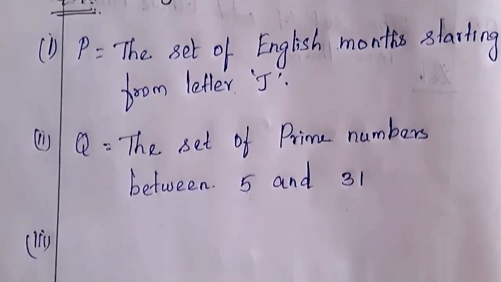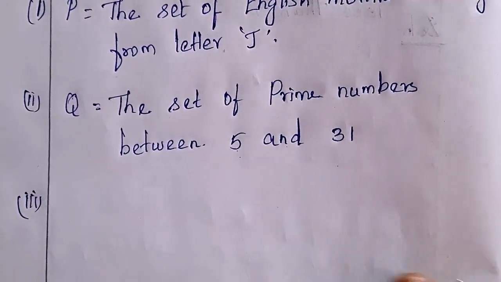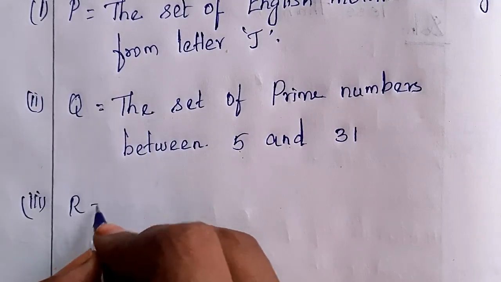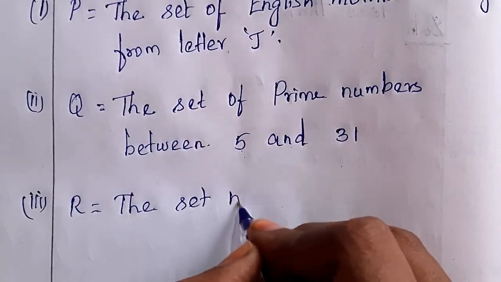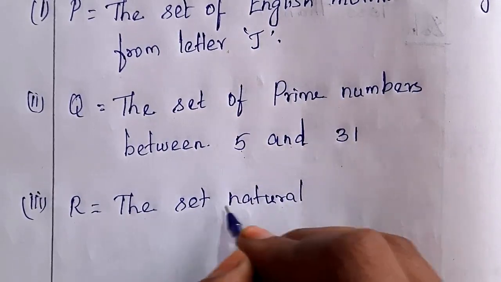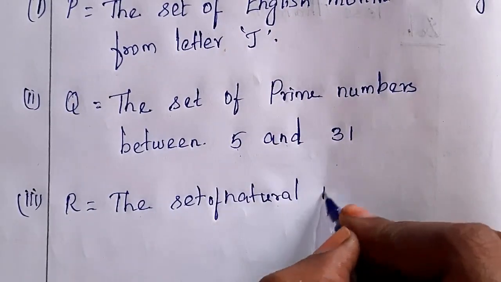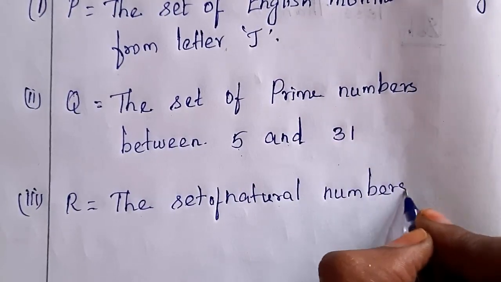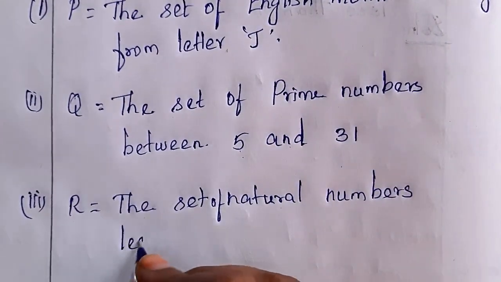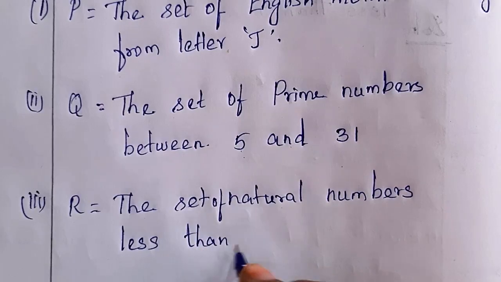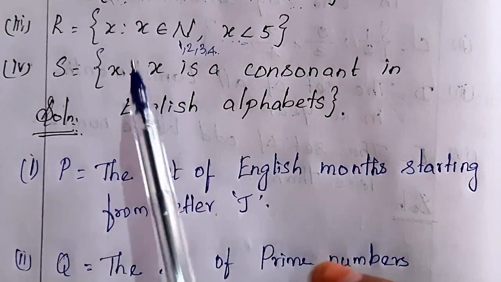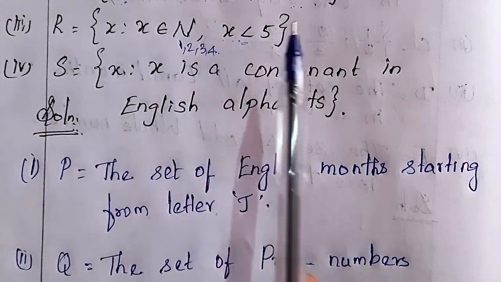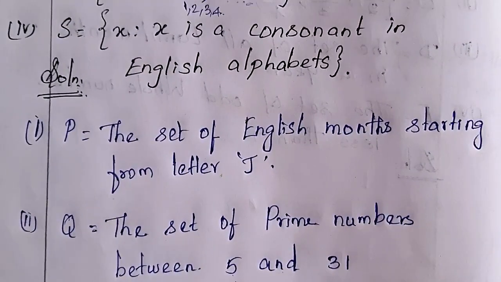So third one, you can write that R equals the set of natural numbers less than 5. Okay, the set of natural numbers simply written in words. Next one, last one.